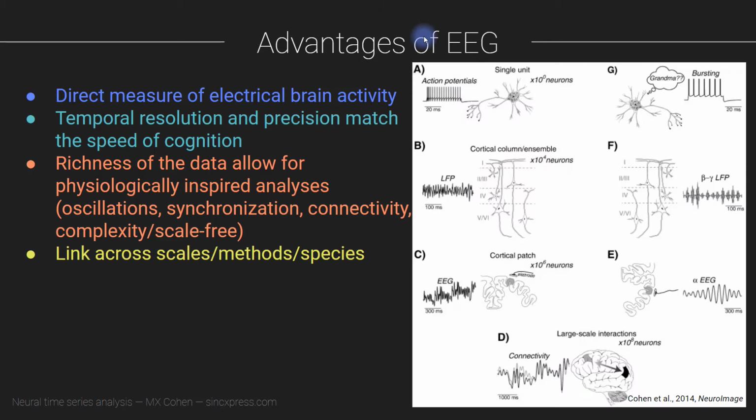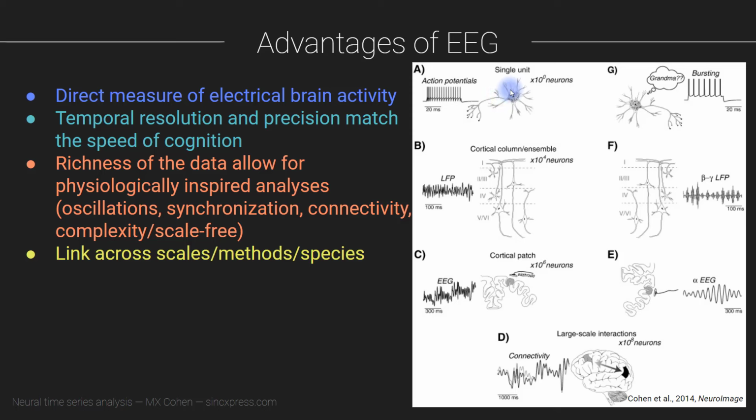Another advantage of measuring EEG and electrophysiology more generally is that it is one of the few techniques in neuroscience that allow us to link findings across many different spatial and temporal scales, different methods, and different species. That is because you see similar kinds of patterns of electrical temporal activity at many different spatial scales of the brain. I almost said the universe, but let's just talk about the universe of the brain here.